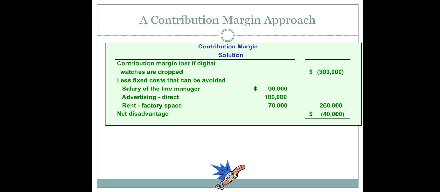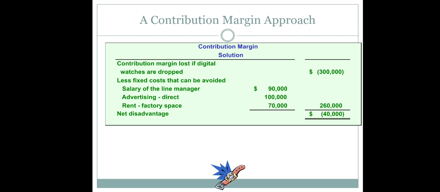The loss in contribution margin is 300,000, because when the business stops producing digital watches, there are no sales and no variable costs.